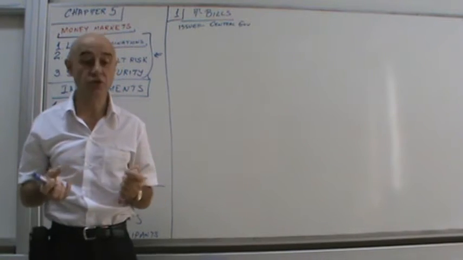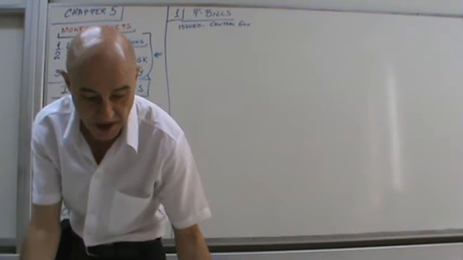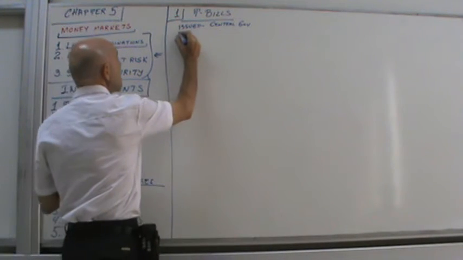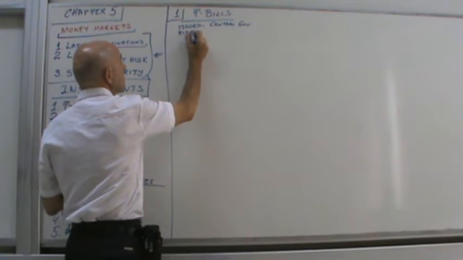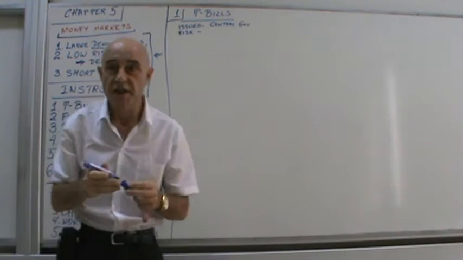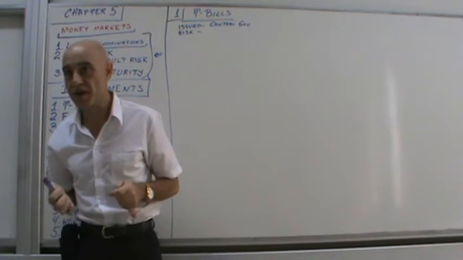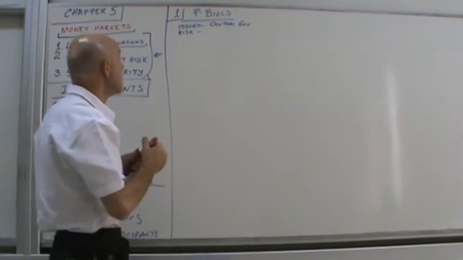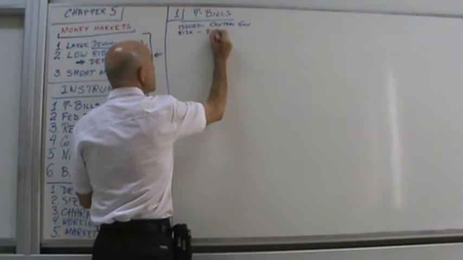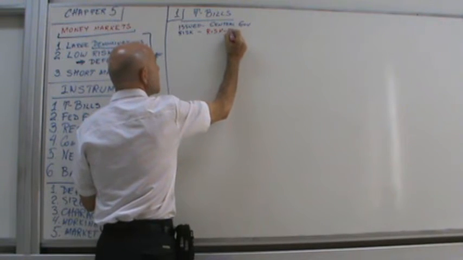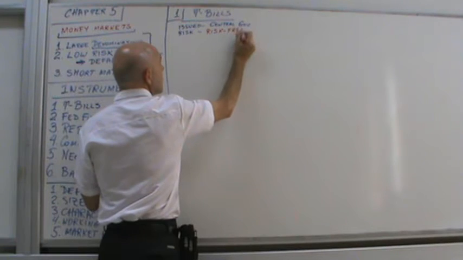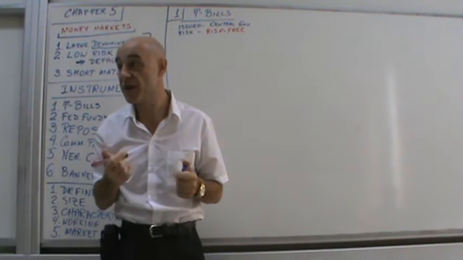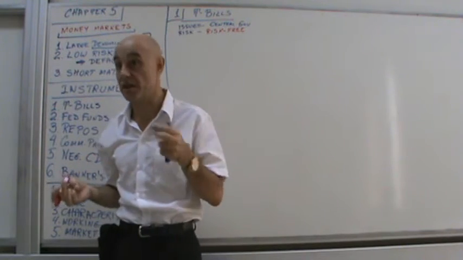For every instrument, the most important characteristic to recognize and understand is the risk. They're said to be risk-free, and they're considered to be risk-free, but just because it's said to be risk-free doesn't make it so.